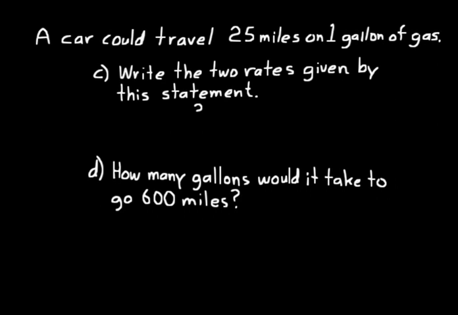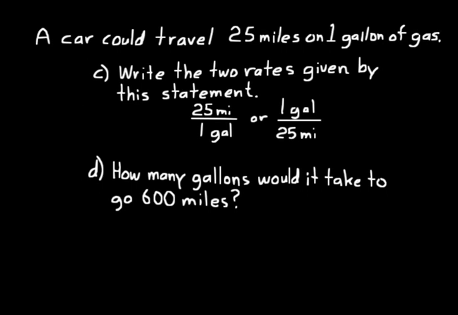Well, that means we could say 25 miles per gallon, per 1 gallon, or 1 gallon per 25 miles. When you're doing a rate like that, you're basically representing equal quantities. 25 miles equals 1 gallon of gas, or you use 1 gallon for 25 miles.